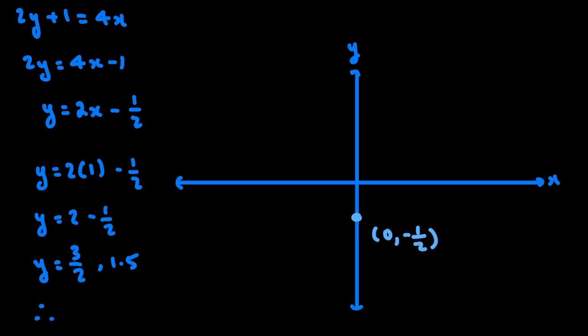So therefore we know another point that lies on this graph is 1, 3 over 2, or 1.5. And that point will lie somewhere over here. Again, not to scale.